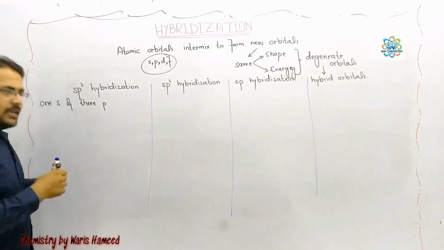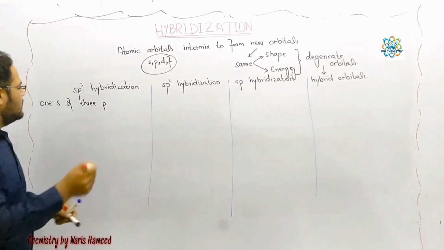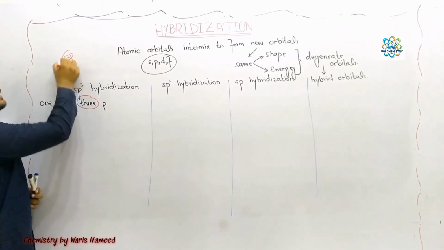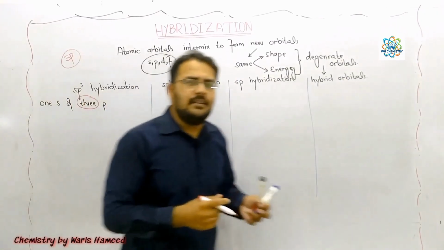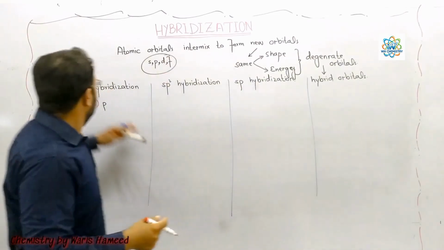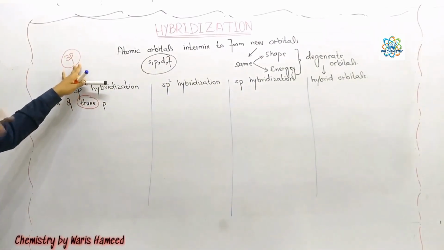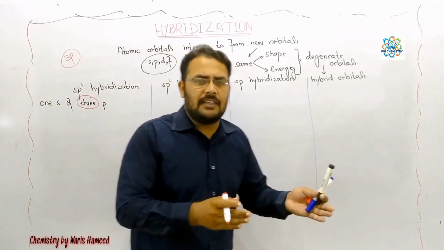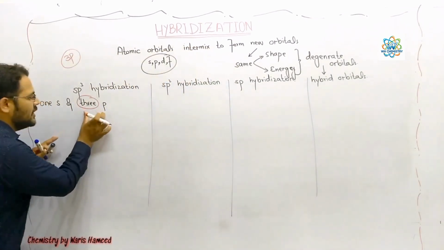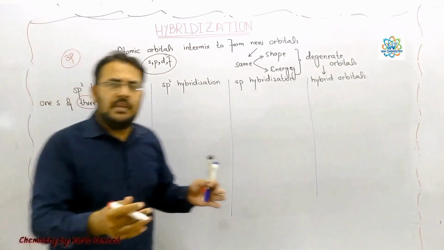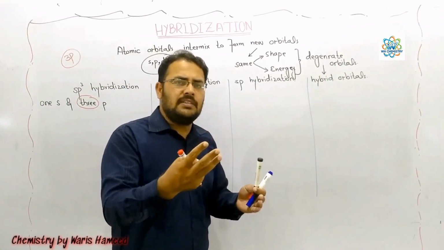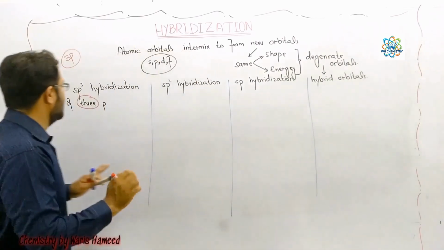Keep in mind that I have written the 3 in words, we cannot write it as 3p. Why can't we write it as 3p? Because it would mean that only the third orbit of the atom is taking part in hybridization. But in this case, 3p means first, second and third p's will take part in hybridization.